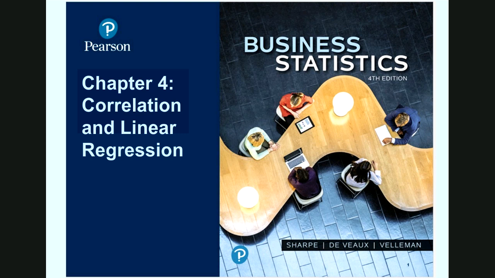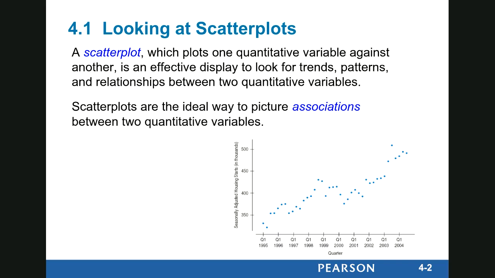Okay, now we're going to look at two variables and see whether there's some relationship between the two variables. Is there some association between the two variables? Okay, so let's move on to the next slide.